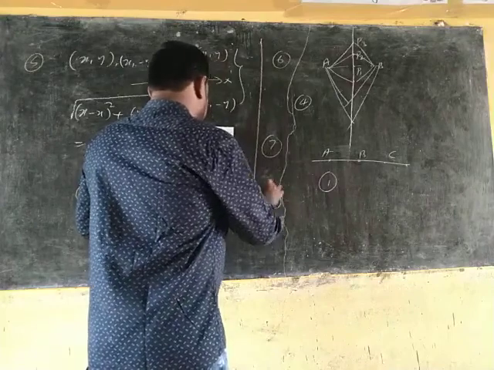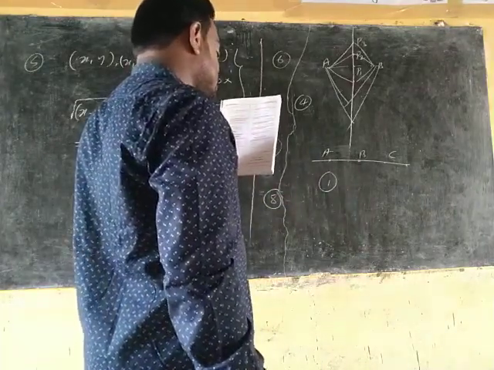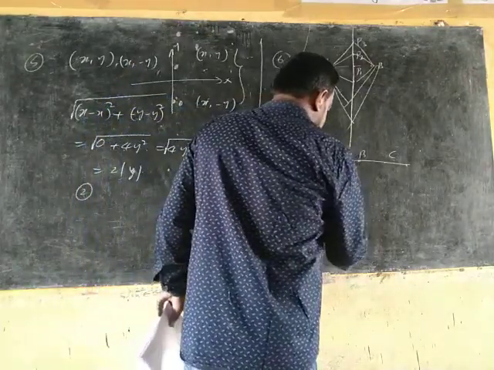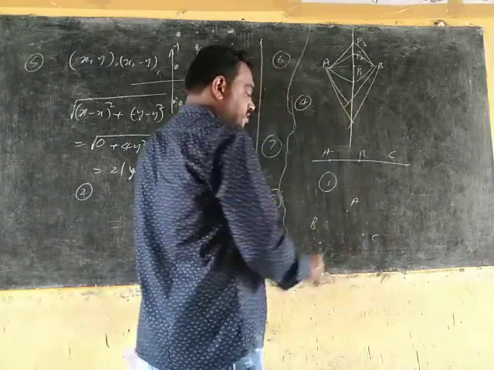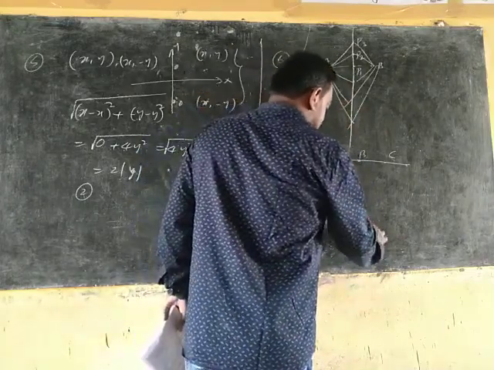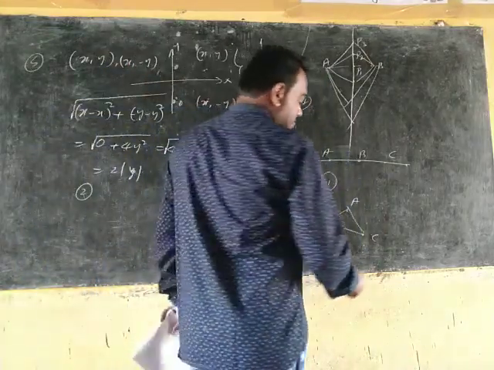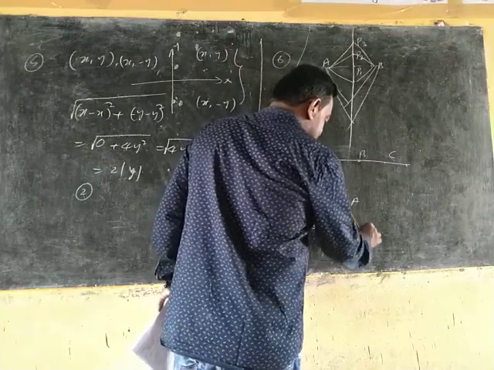Next, 8th question. The number of points equidistant from three given non-collinear points. So these three are non-collinear points. These non-collinear points we can easily form into a triangle. The circle passing through these three vertices of the triangle is called the circumcircle.